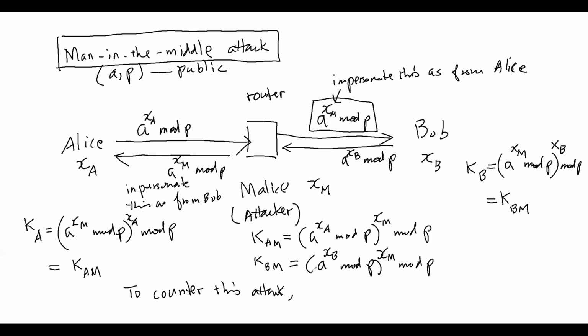Likewise, Bob needs to know whatever he gets from Alice is indeed from Alice. So this is called authentication. Authentication is needed. Okay. So that is Diffie-Hellman key exchange.